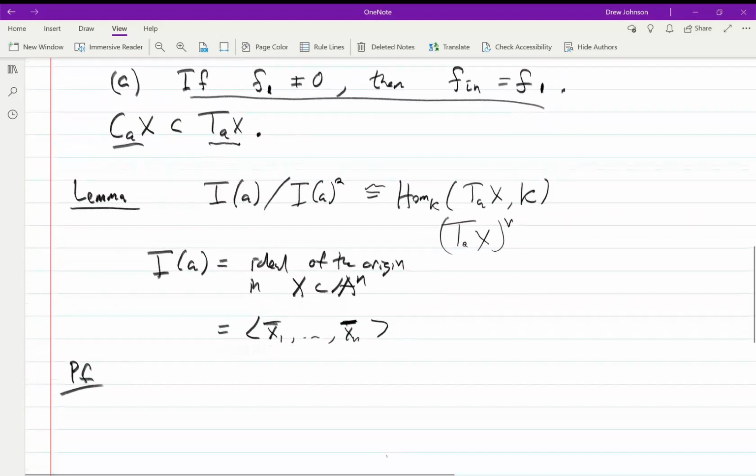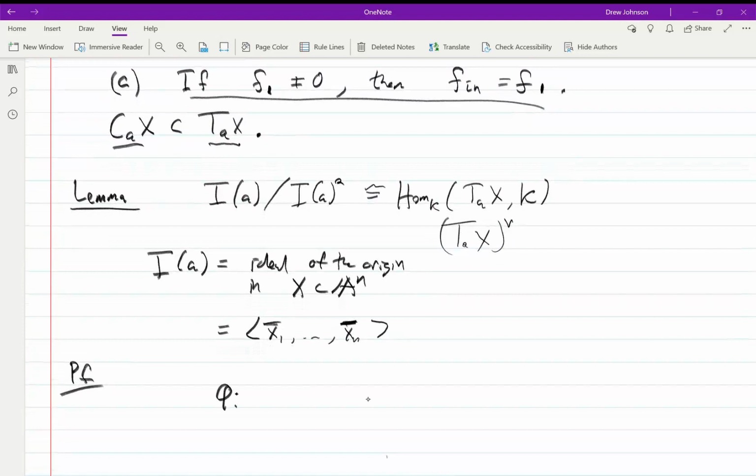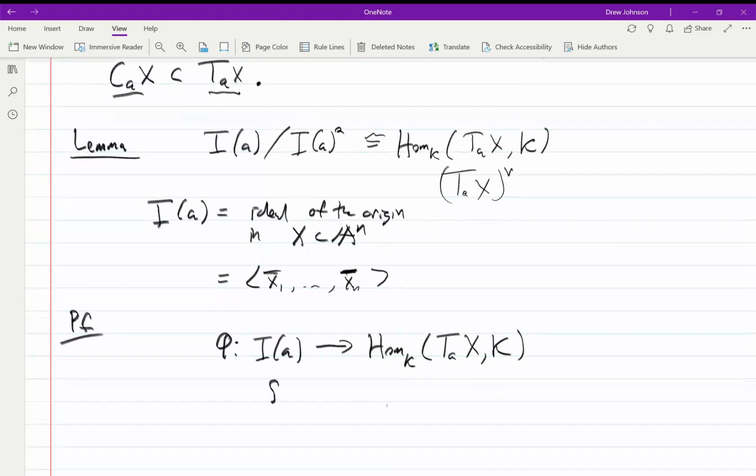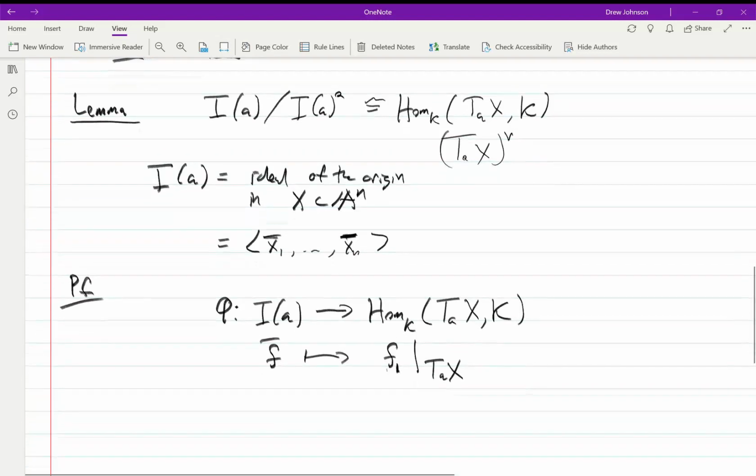All right, let's do the proof. We're going to define a map phi that takes the ideal of A, that's the ideal of the origin, and maps it to the vector space homomorphisms from the tangent space to K, or in other words, the dual of the tangent space. And what is this map? Well, it's going to take an F bar and map it to the linear term of F, restricted to the tangent space of X. So let's think about this and see if this makes sense.